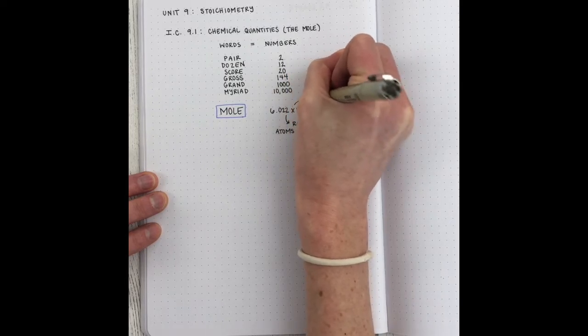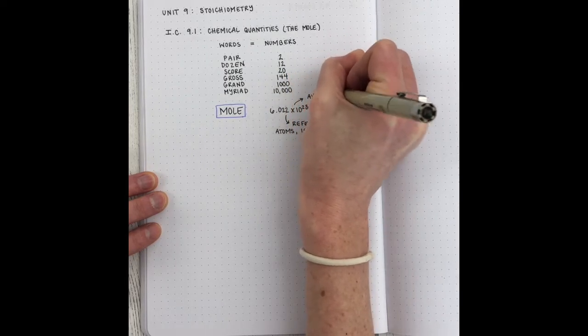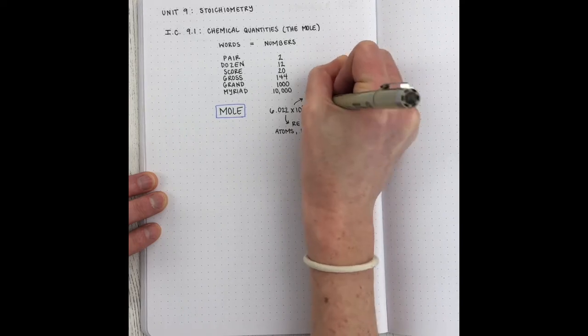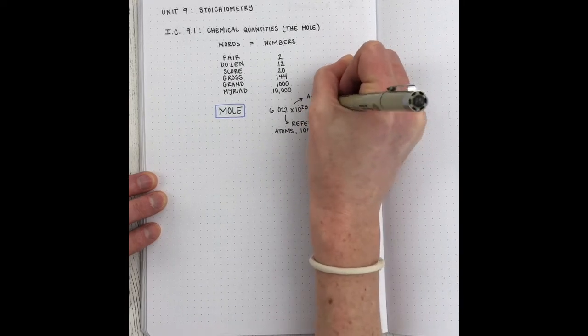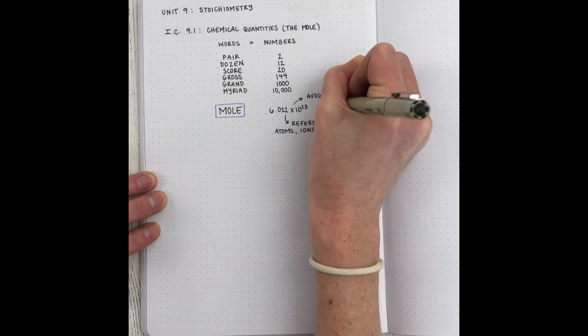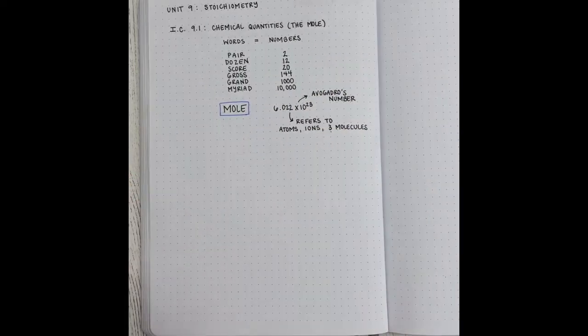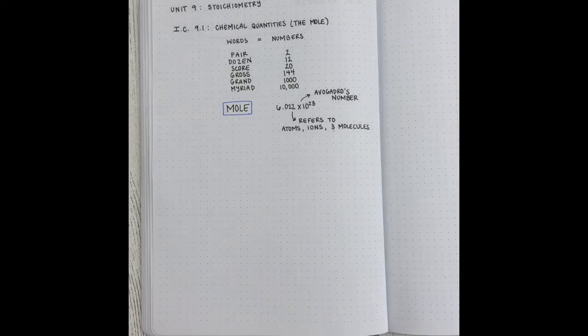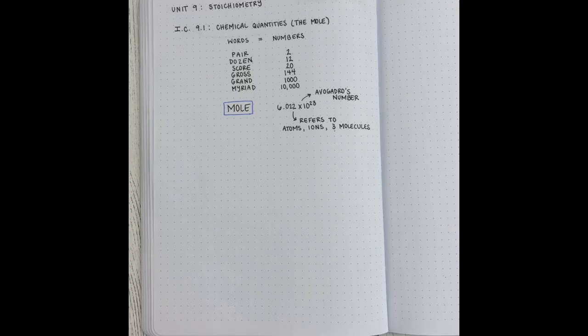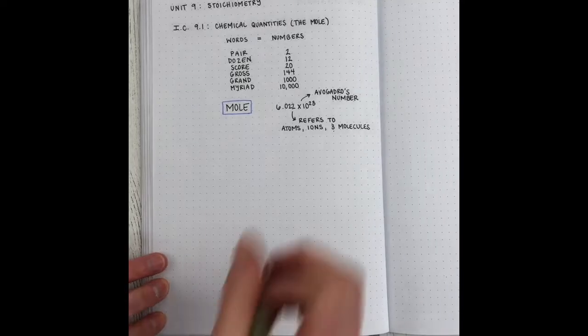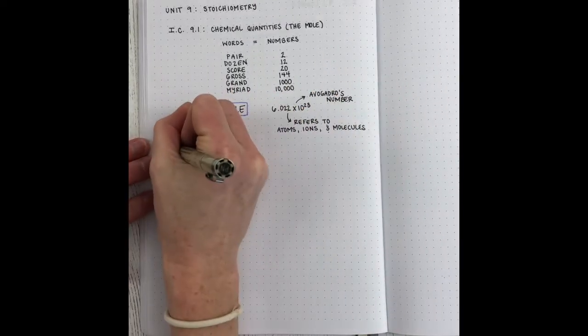So this is an insanely huge number. This number is actually called Avogadro's number, after Amadeus Avogadro, who came up with a mathematical equation that featured this number. So again, insanely huge number that represents insanely small particles.